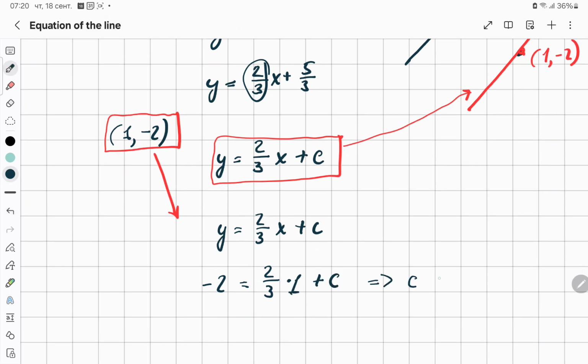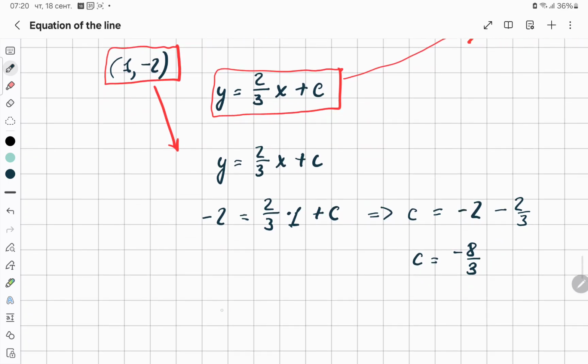So here c is equal to -2 minus 2 over 3. That's how we get the value of c. So c is equal to -8 over 3. Okay, so the final equation looks like y equals 2 over 3 x minus 8 over 3.